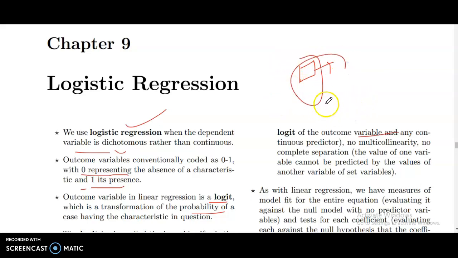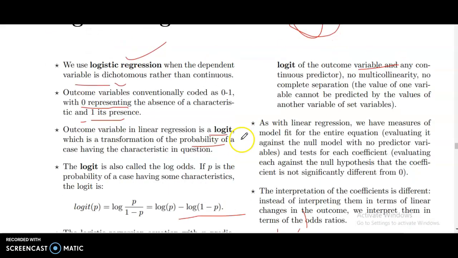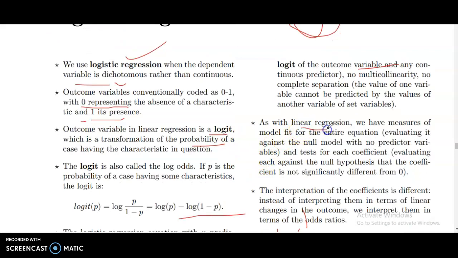No multicollinearity and no complete separation: the value of one variable cannot be predicted by the values of another variable or set of variables.